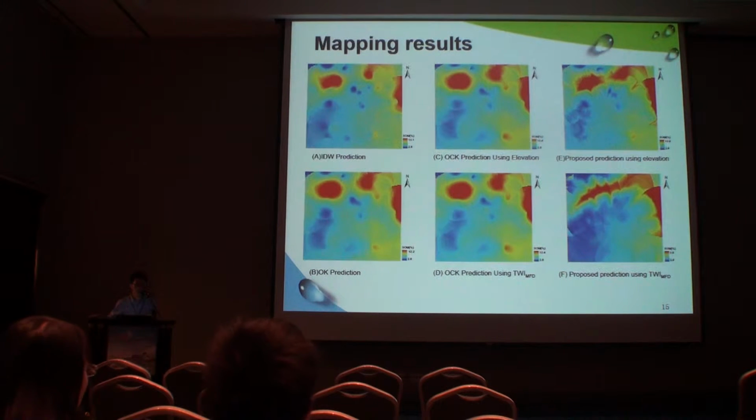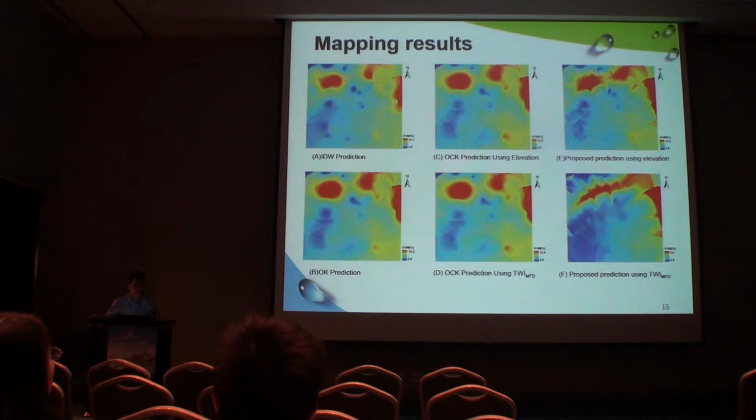On the right side, these two pictures are the prediction results generated by the proposed method. As we can see from this picture, the two maps on the right side are more detailed than those on the left, because they use secondary variables, elevation and TWI.